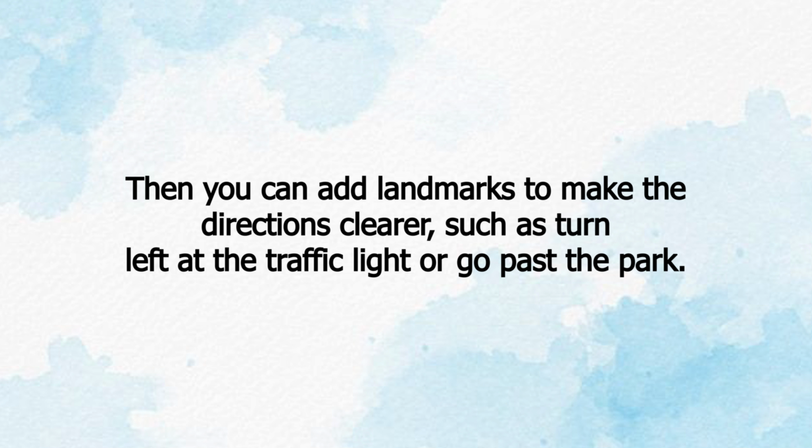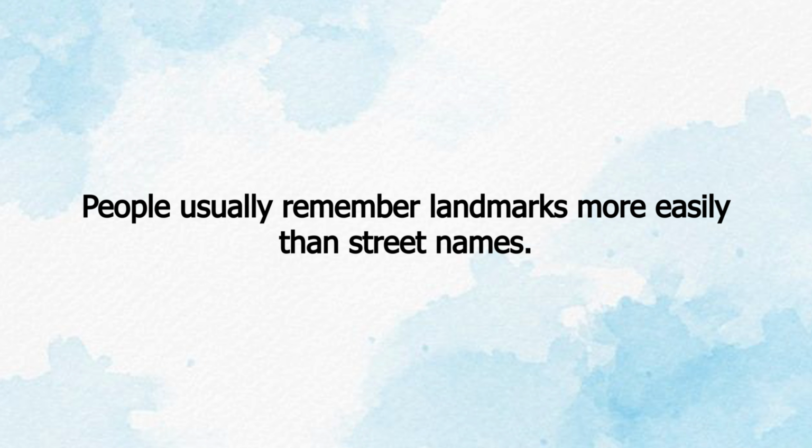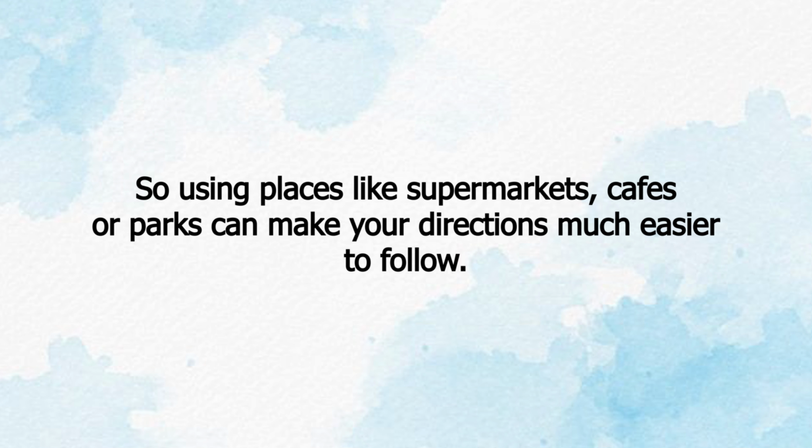Then you can add landmarks to make the directions clearer, such as "turn left at the traffic light" or "go past the park, and my house is the second one on the right." People usually remember landmarks more easily than street names, so using places like supermarkets, cafes, or parks can make your directions much easier to follow.